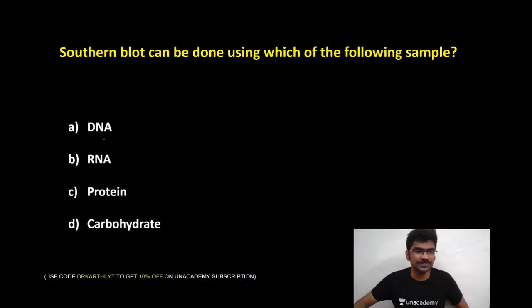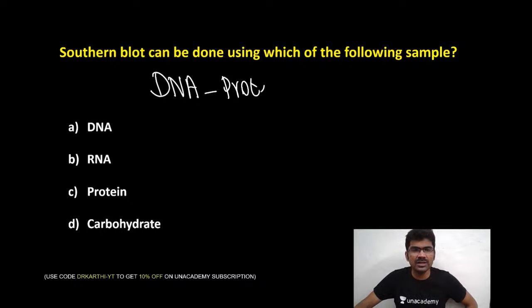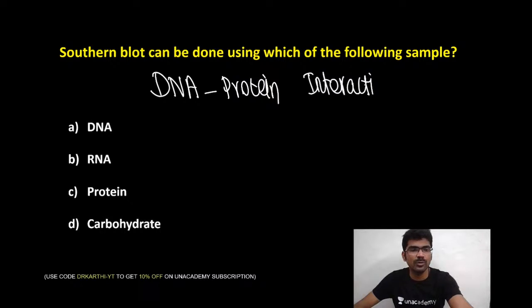Will be easy, right? So in the exam, if they ask you which technique will be used to detect the DNA protein interaction, now can you just do a guesswork based on this information? Which technique will help in detecting the DNA protein interaction?